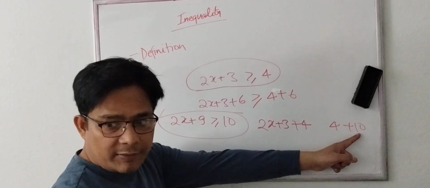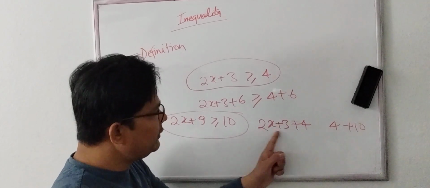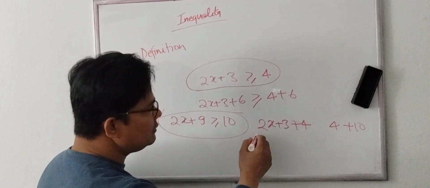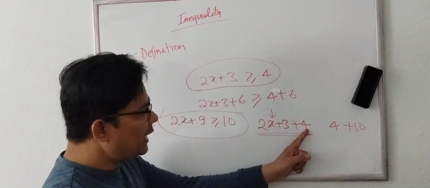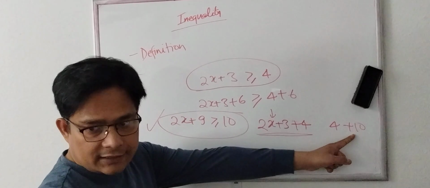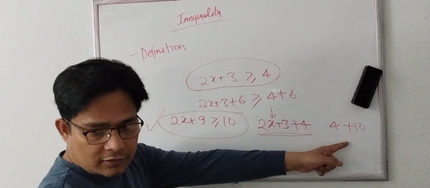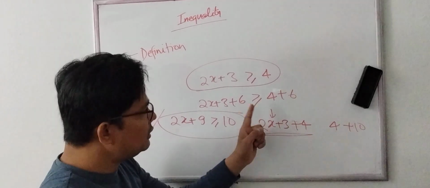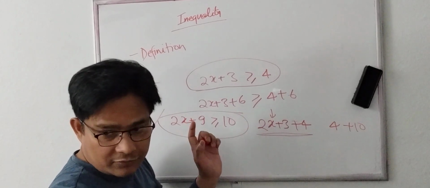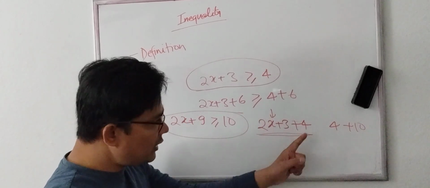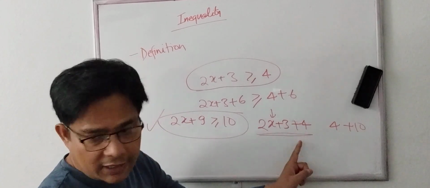But if we add a bigger number, when we have an expression with variables, here the variable is x, here we added 4, but this side we added 10. Remember? So what's happening? Will this relation change or not? We don't know. It might change because we are not adding the same number to both sides.